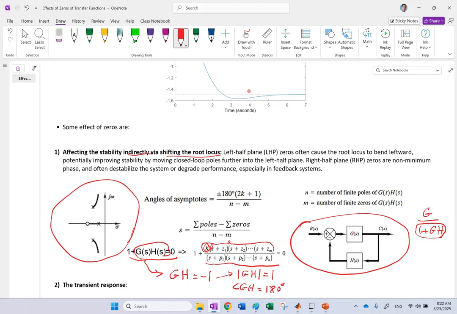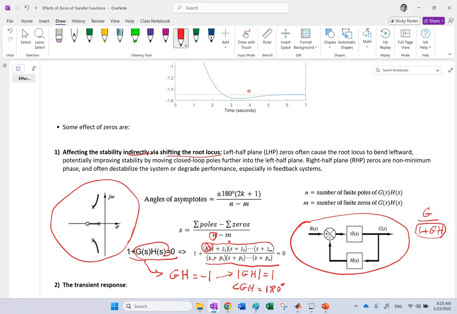Now, what is the effect of the zeros in g or h on this? We're going to see. But first of all, you have n branches of root locus, and n is the number of the poles here. So let's say the system was order 3, so there are 3 branches. Each branch starts at one of these poles p and ends at one of these zeros.